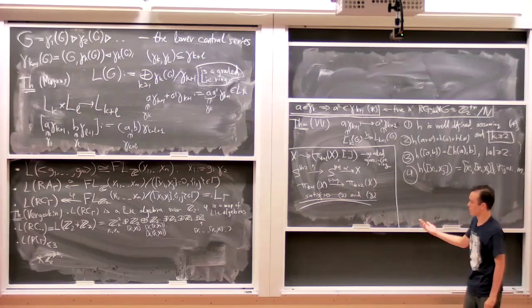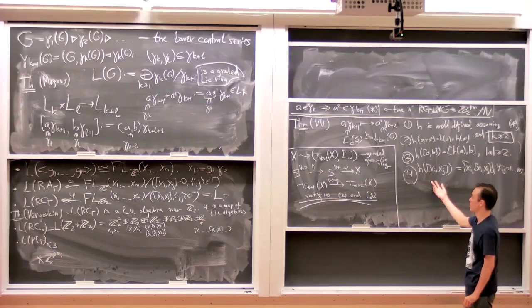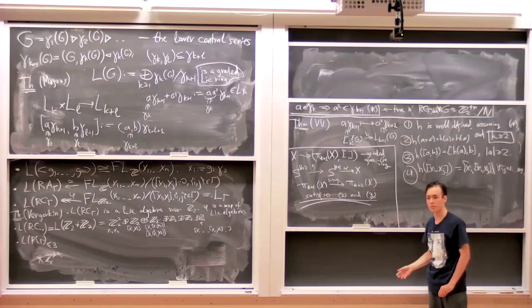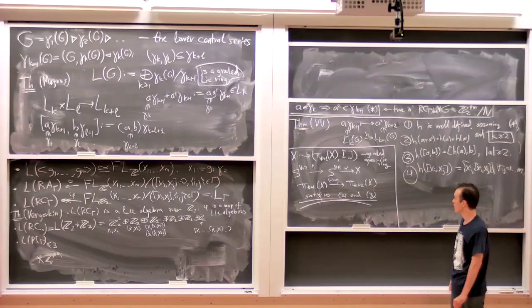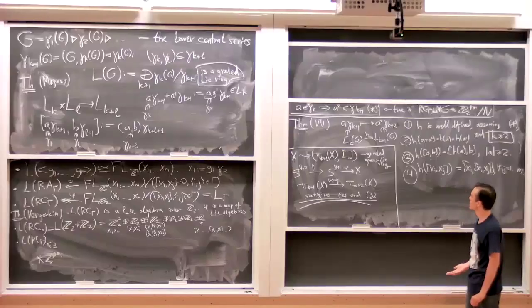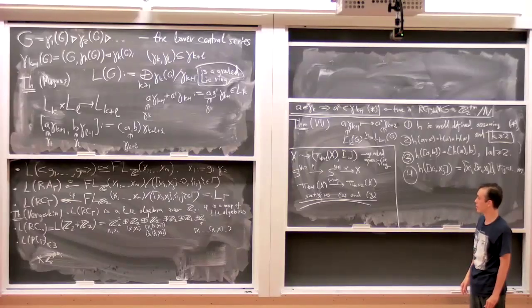And for some specific space X, it also satisfies the property 4. That's how we discovered it. I'll tell you more if I have enough time. But for now, that's all I want to say about homotopy theory.